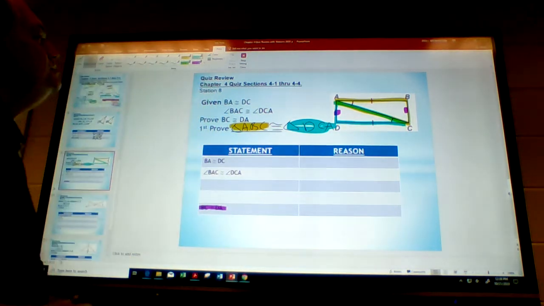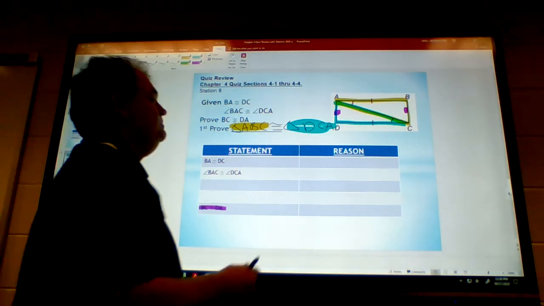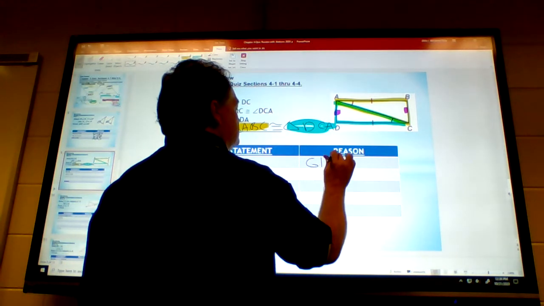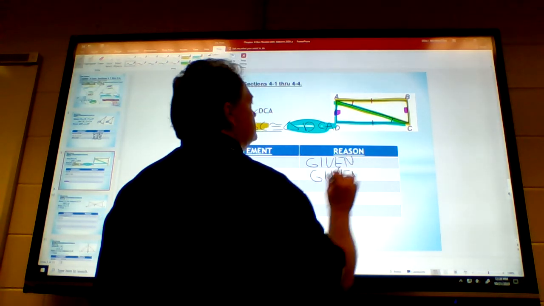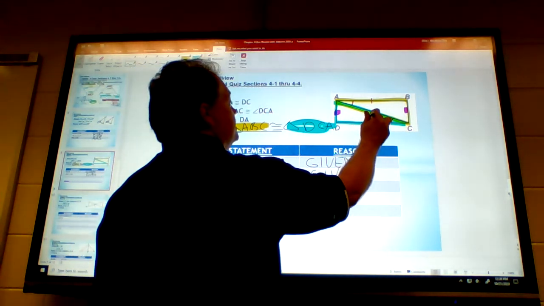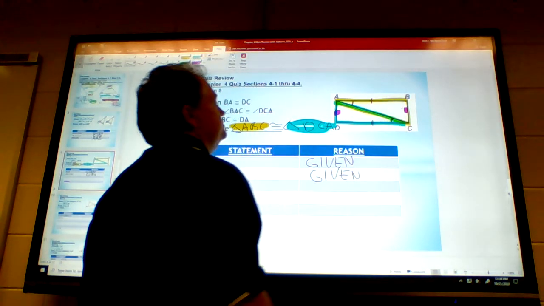All right. So the first 2 statements, obviously, as you can see, are my given. And they're marked right here. These 2 sides and those 2 angles.